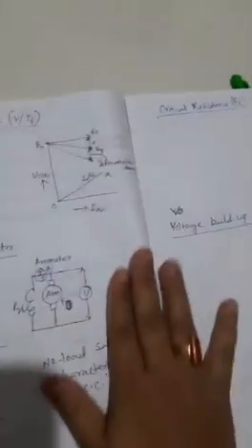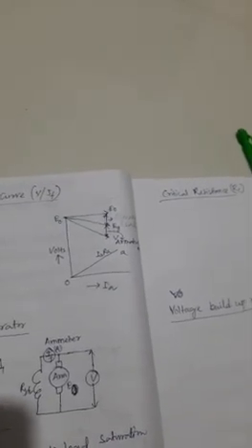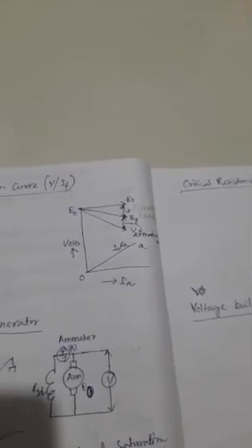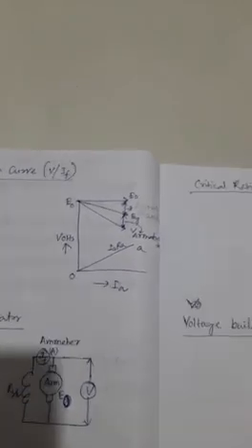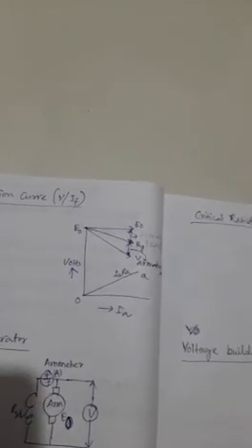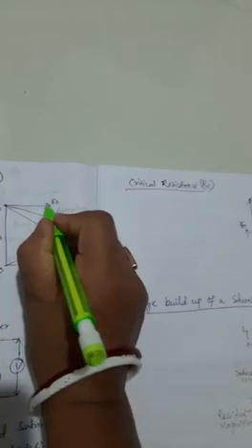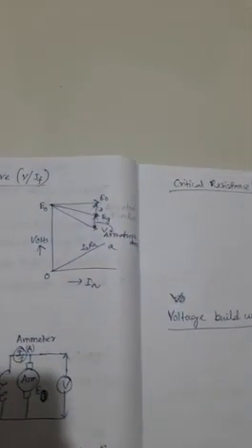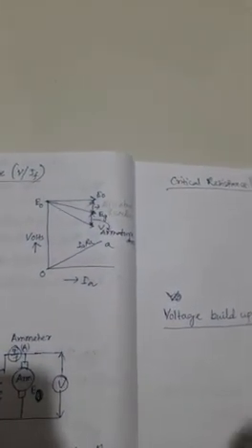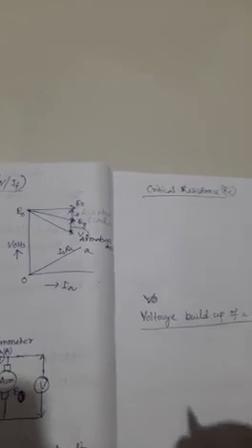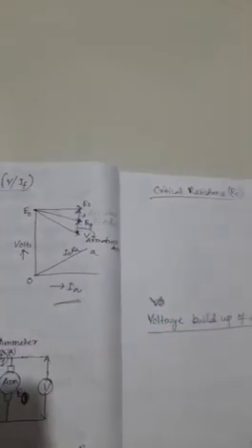In the case of internal characteristics, let us consider a separately excited generator giving its rated no load voltage E naught for a certain constant field current.